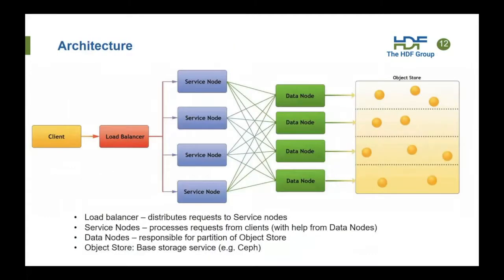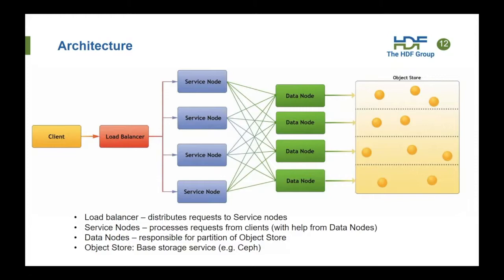When that request comes to a service node, it can deterministically say, okay, I need to read 6 chunks, and probably all 4 of these data nodes will be involved.